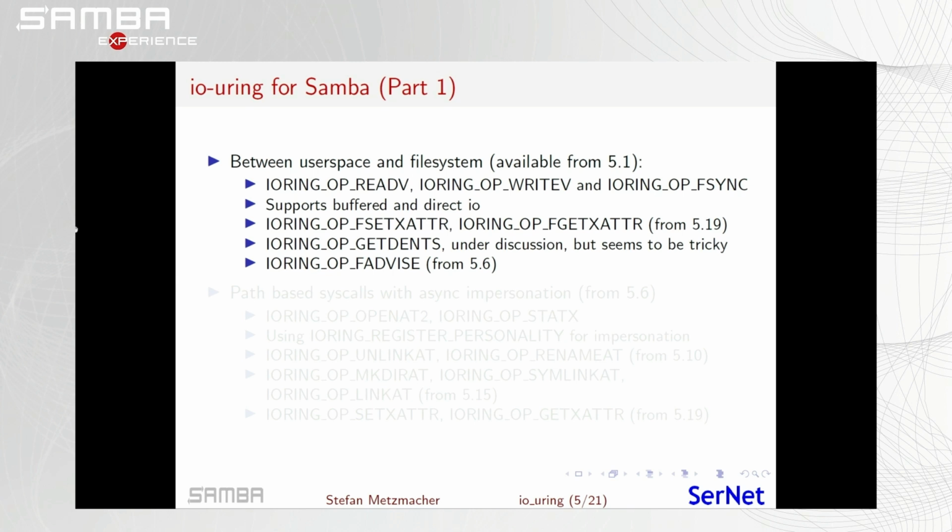So in Samba, what we already do is using it between user space and file system interaction. We have a VFS module for that, and there we can use the readv, writev, fsync operations, and in later kernels we got support for fsetxattr, fgetxattr.